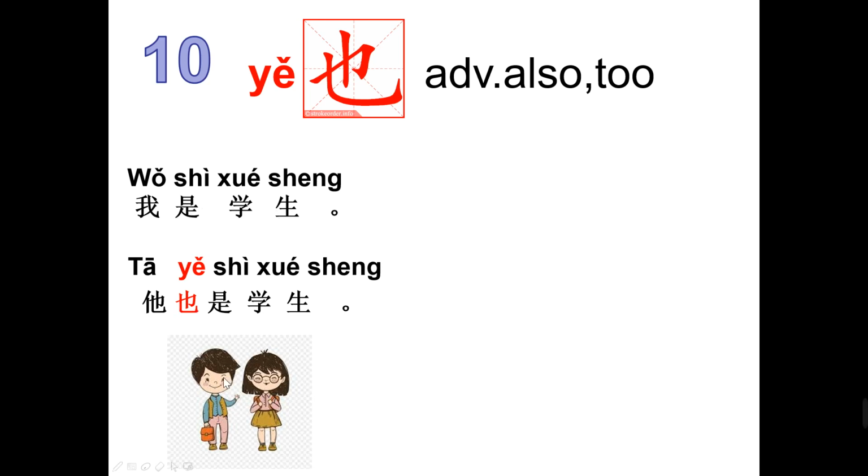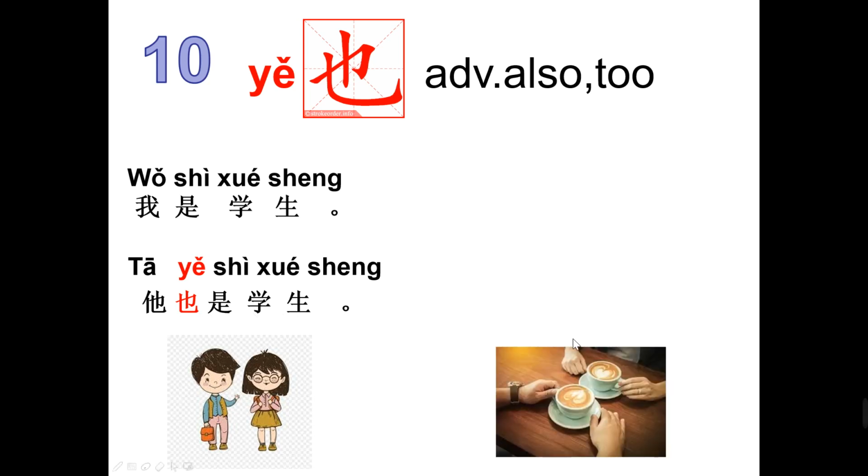He is also a student. So we can say 他也是学生。And for you, because most of you are teachers, we can say 我是老师。他也是老师。Okay.